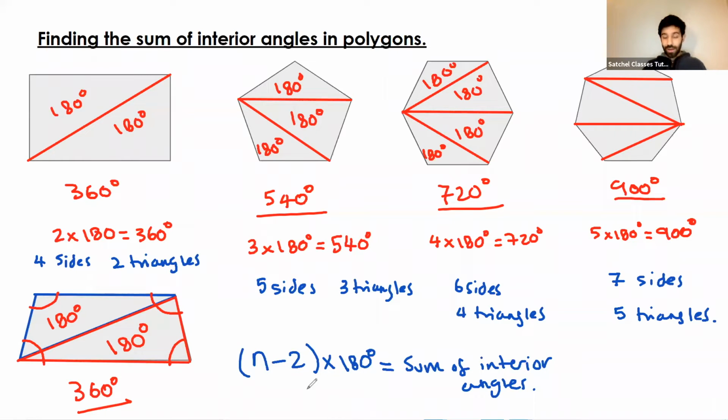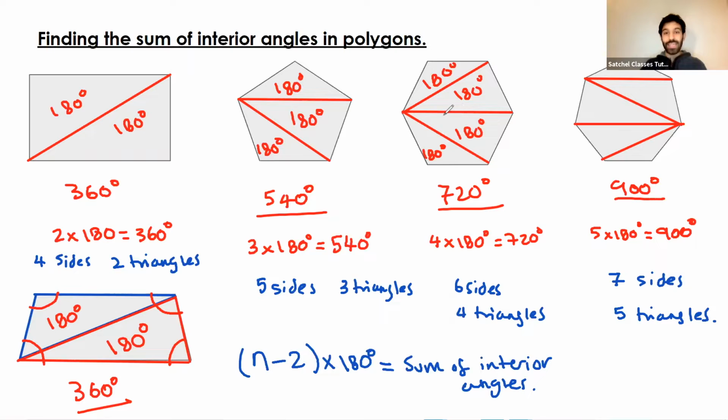However, if you do forget the formula, you can always break the shapes up as I have done in this question. So this formula will be useful when you've been given a really, really large shape. They might tell you to work out the sum of interior angles of a 20-sided shape. Now, in an exam, you won't be able to draw 20 sides and then break the shape up. So you will need to remember this formula.